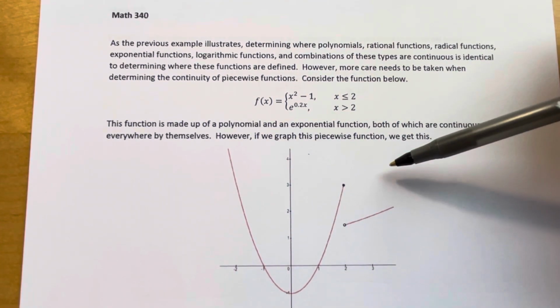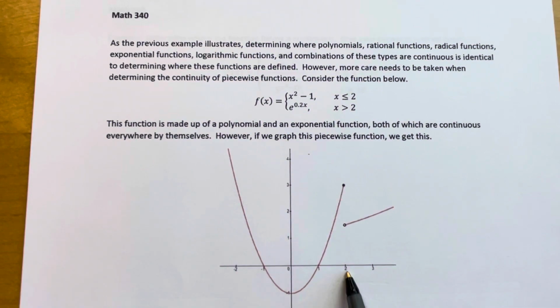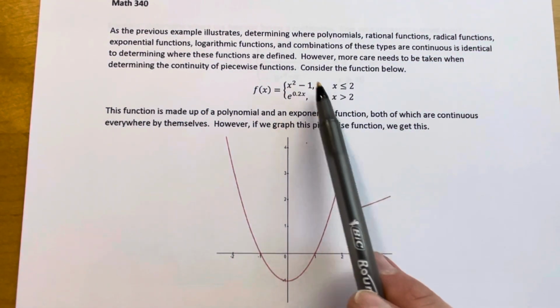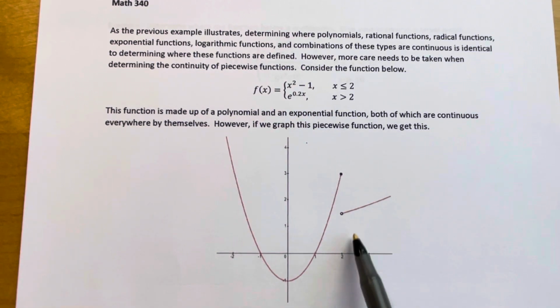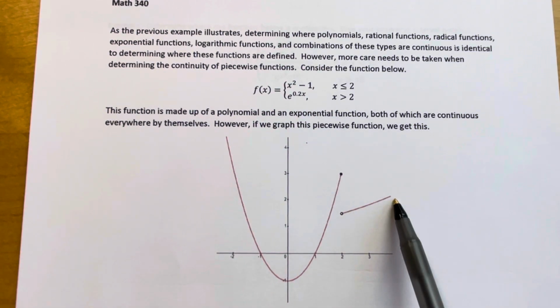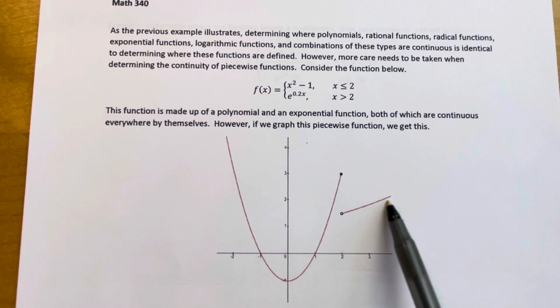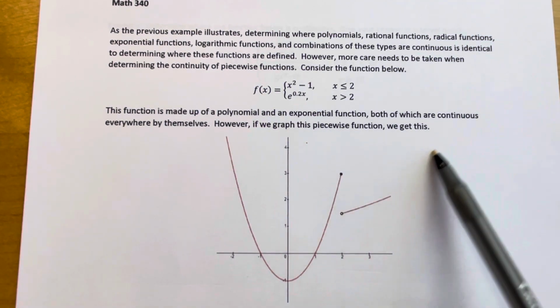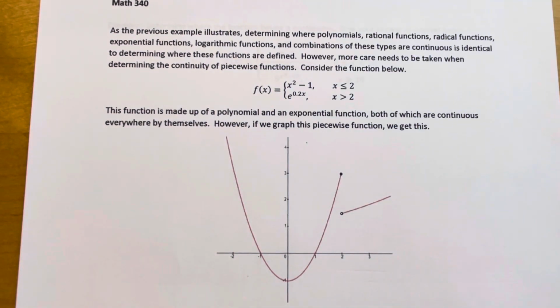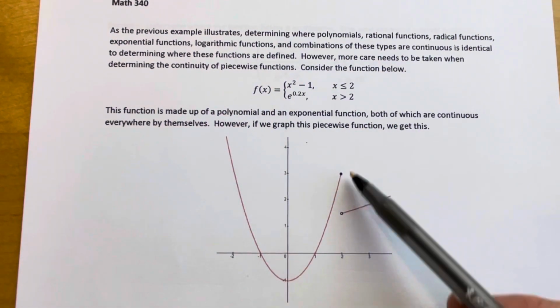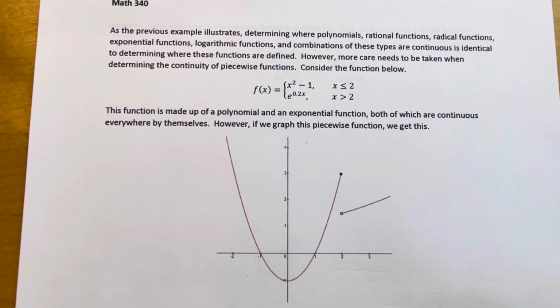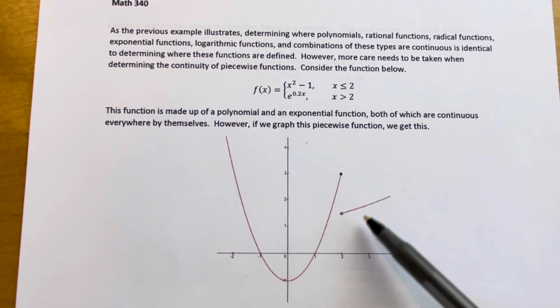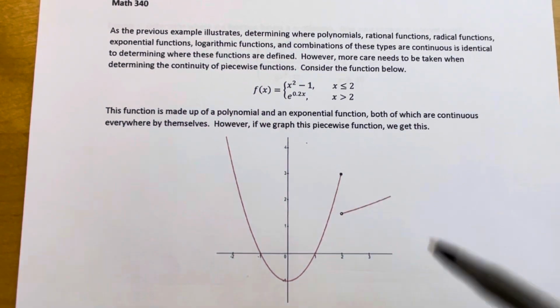This is what the graph of that piecewise function is. Notice when x is less than 2, I'm looking at this parabola, which comes from x squared minus 1. When I'm looking to the right of x equals 2, I have this little curve, which is part of this exponential function. If we graphed more of it, you would see it doing exponential growth like that. They don't connect. You can see that they're not connected down here. That means we have a discontinuity at 2.